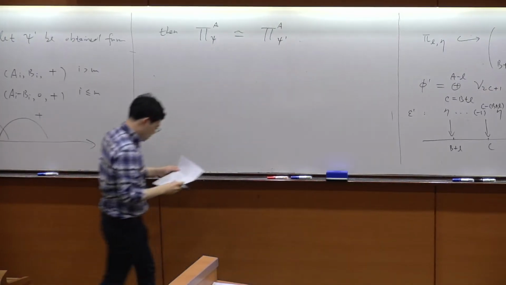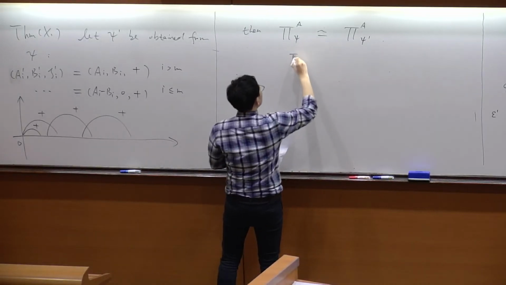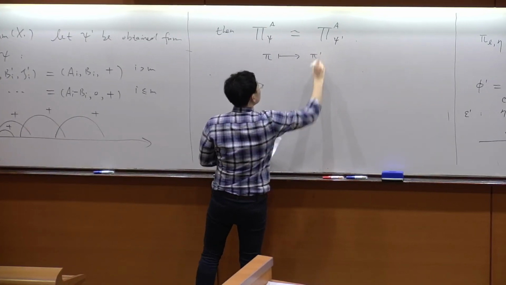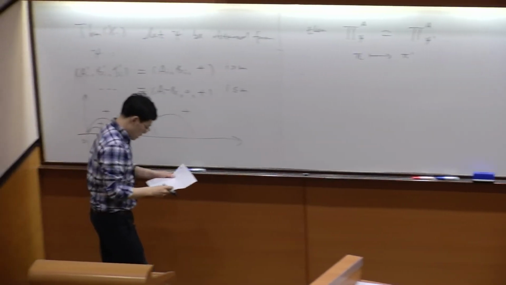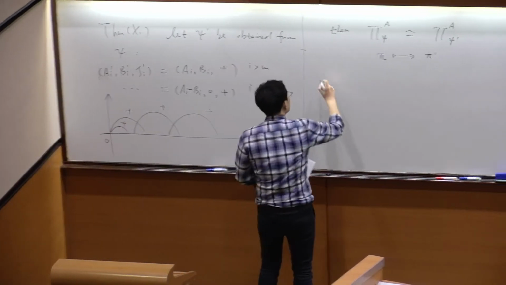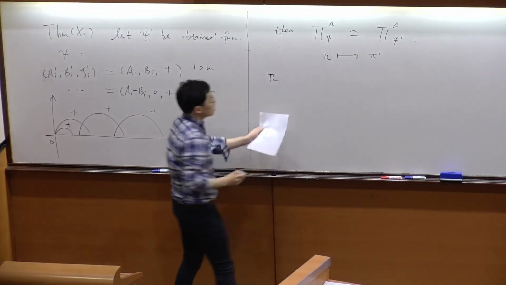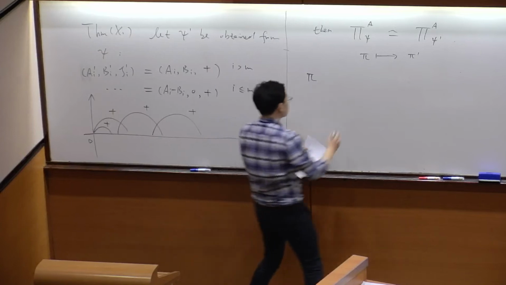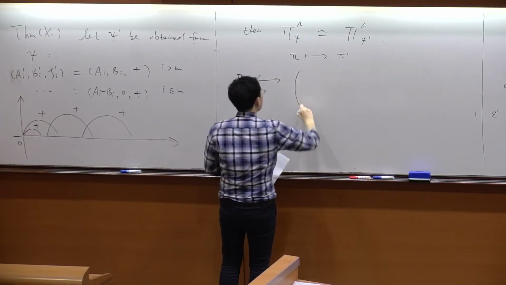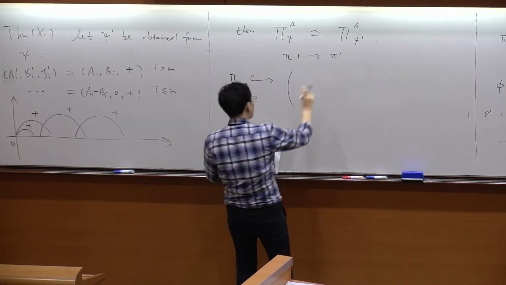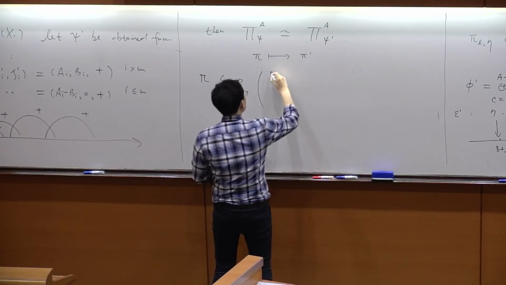So if we write pi goes to pi prime, then we can also describe this pi using pi prime. And that is, this pi will be a sub-representation of the following. Again, we're going to write some matrix.